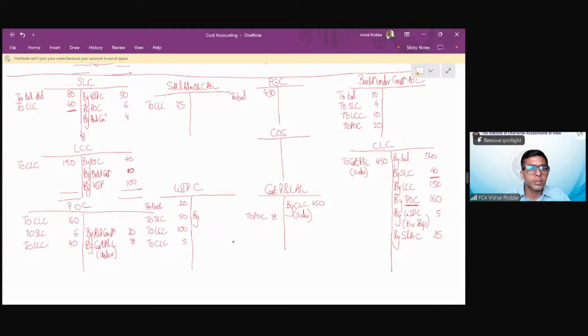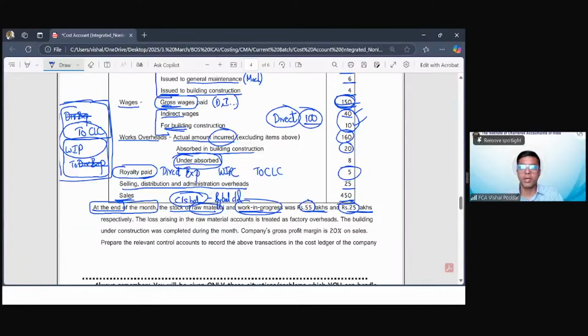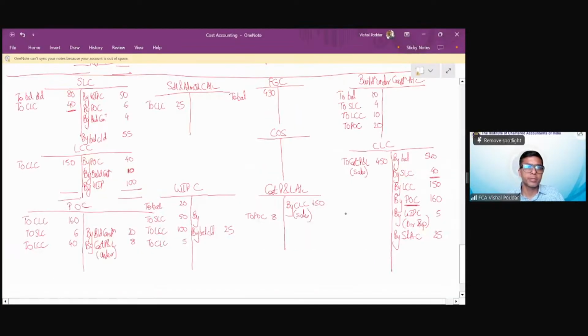So it is by balance carried down 55. By balance carried down 25. Correct. So this is my posting. Balance carried down here. Balance carried down here. Done. Clear?